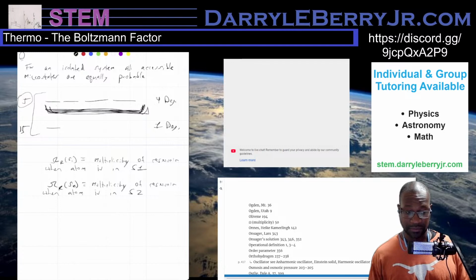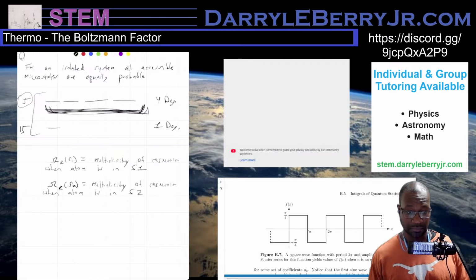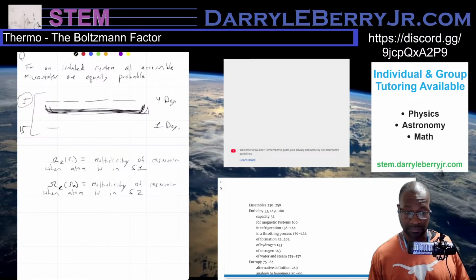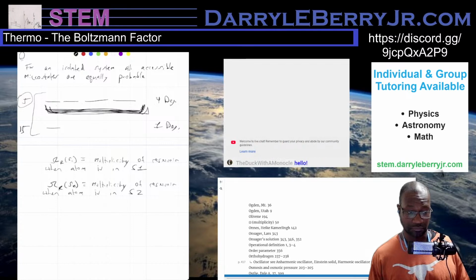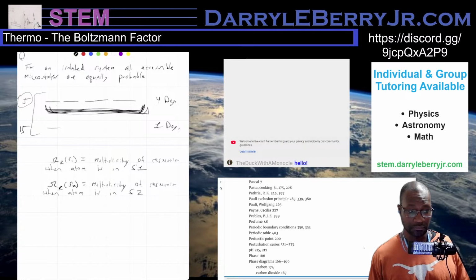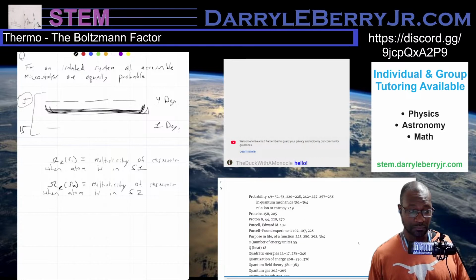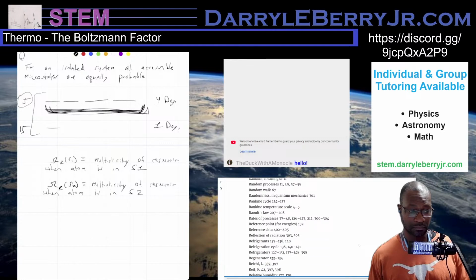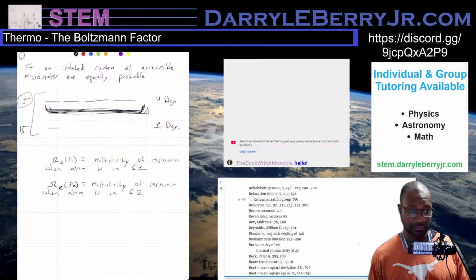There's a glossary in here. Let's look up and be sure exactly what they mean by reservoir.